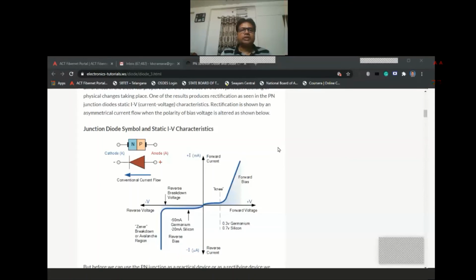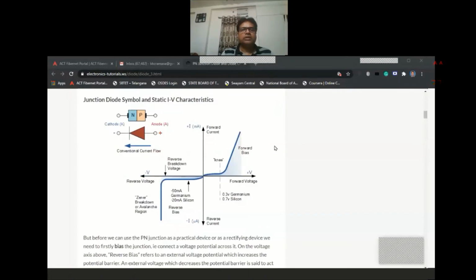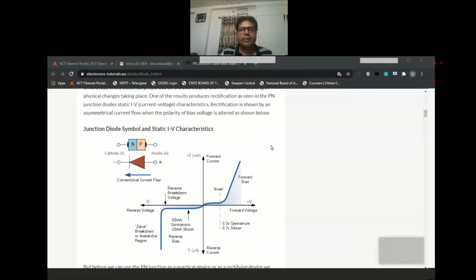After discussing the SCR characteristics elaborately, now we will have a look at the VI characteristics of a diode and try to compare them. Diode characteristics we have already learnt in previous semesters, and here is the graph of a PN junction diode.